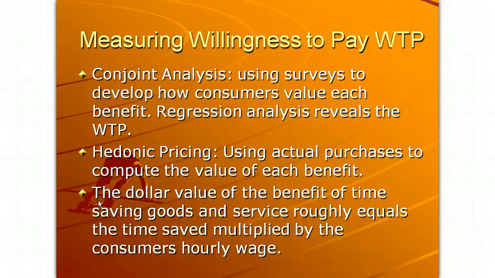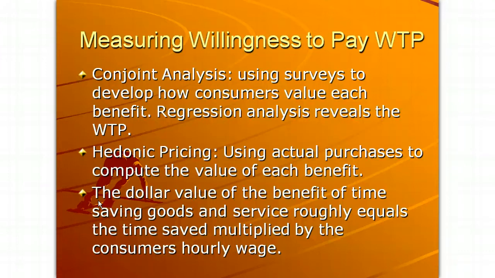But here I just want you to get the concept of it, which would be like the conjoint analysis. It's just looking at the different attributes of a product and then trying to put a value on them. But the hedonic pricing uses actual data, and that's the difference between the two. They both use regression analysis to interpret how much a product should be priced based on its individual components.